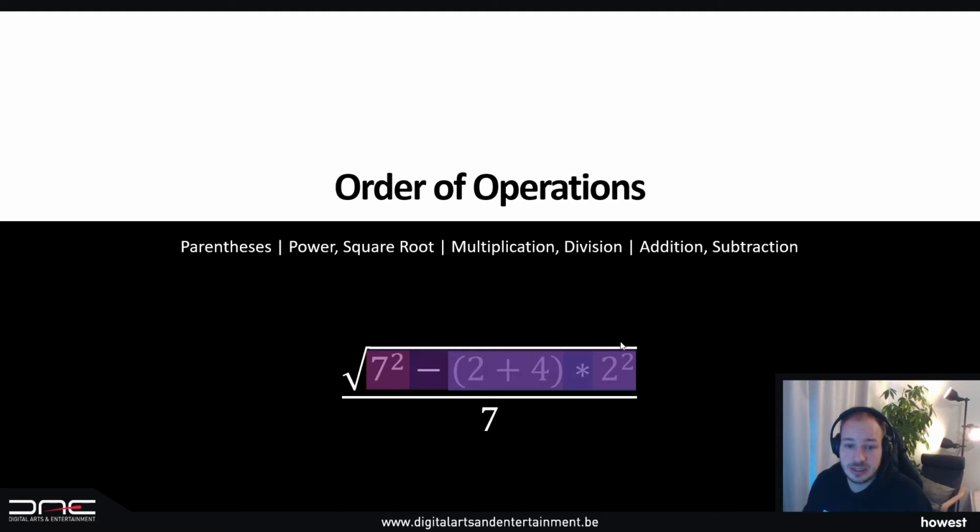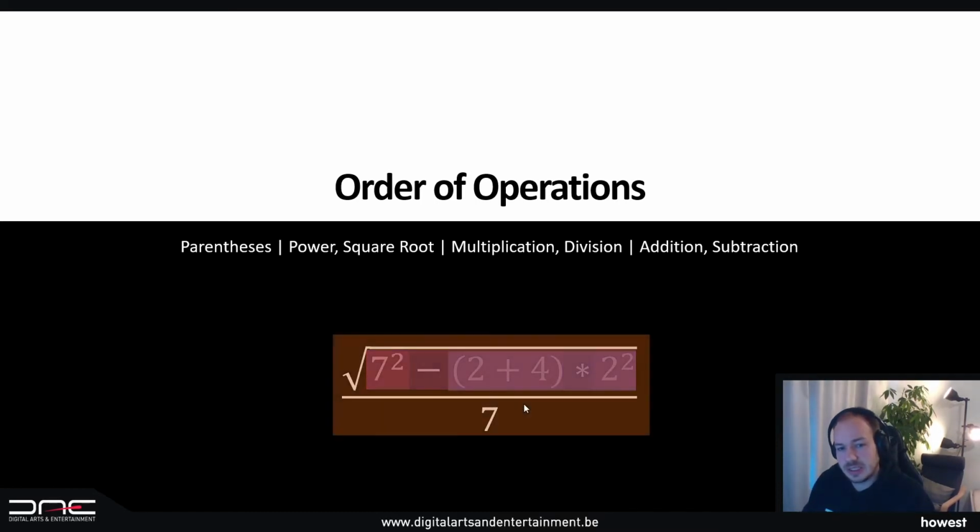We could then calculate this part, because we have to first solve whatever is under the root. Then we would calculate the root of this, the end result. And once we have that result, we can then divide it by 7. And that's how the square root here trumps the division. Yeah? So in the end we divide the result of the top part by 7.